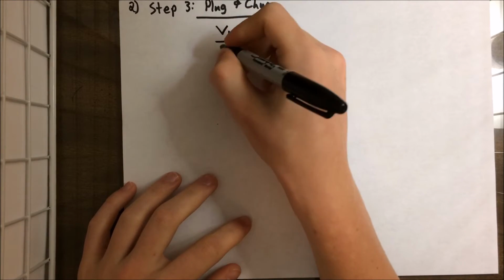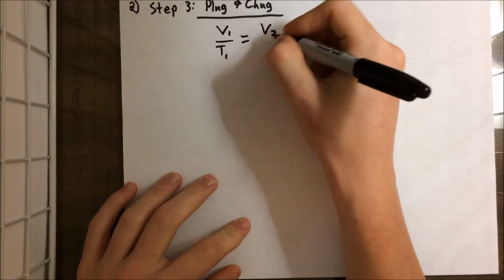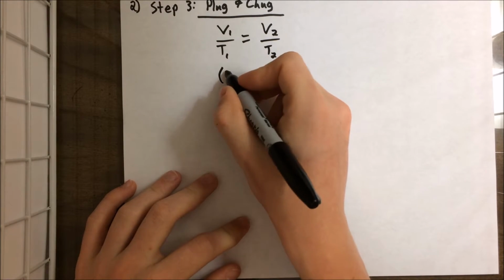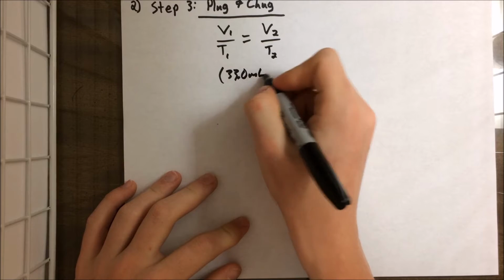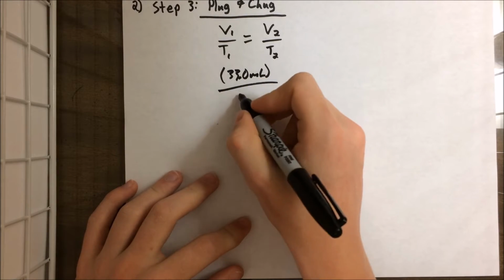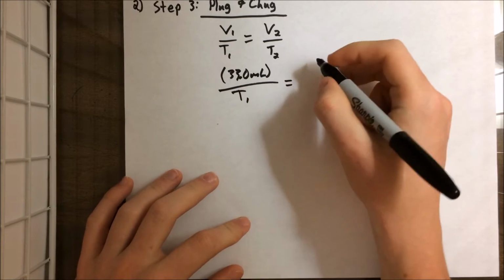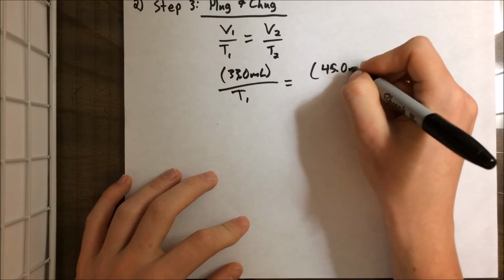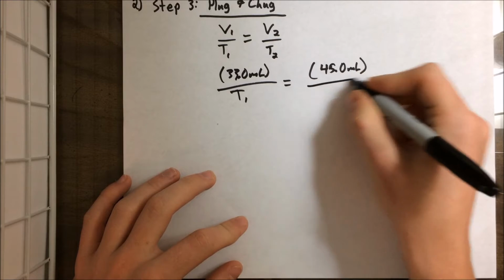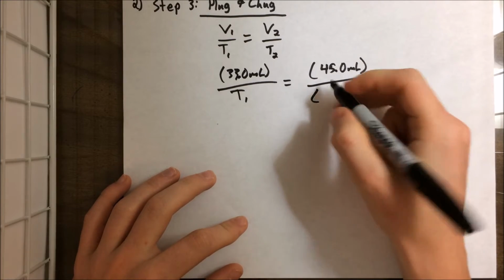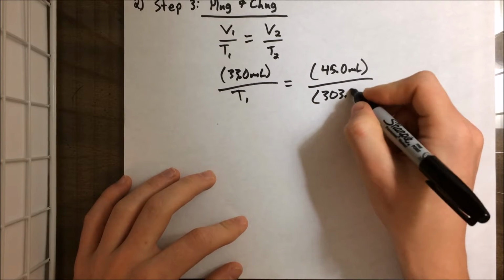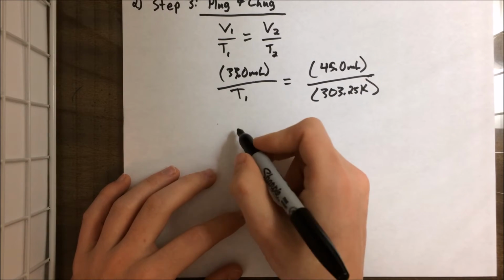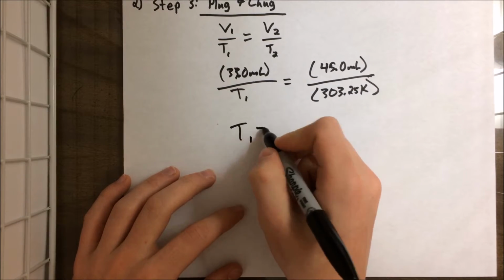V1 over T1 equals V2 over T2. So V1, the initial volume, is 33.0 milliliters over the initial temperature, which is what we're trying to find, equal to the final volume, which is 45.0 milliliters, which we converted to find, over 303.25 Kelvin, the final temperature, which we also converted to find. Then let's isolate the unknown.